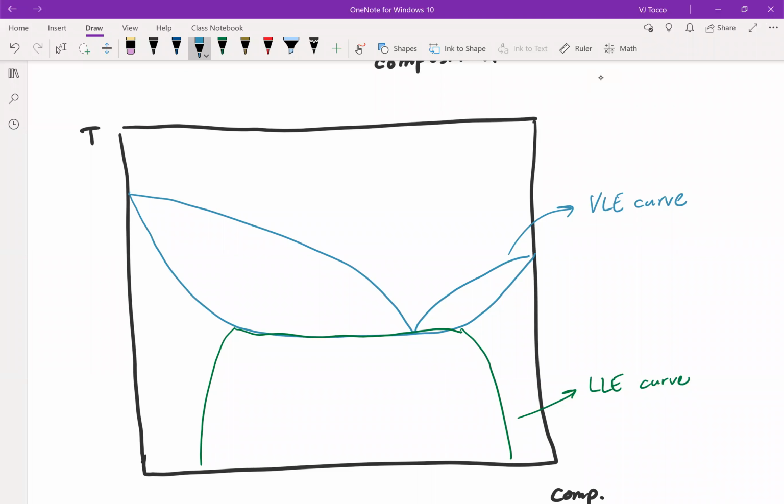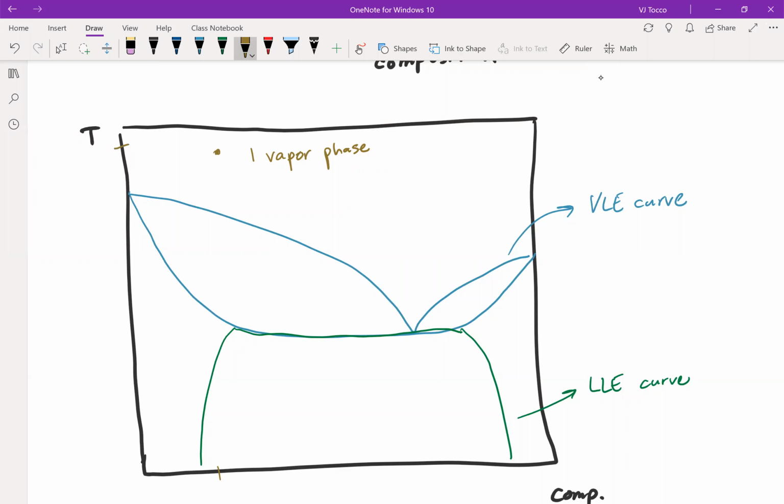In the uppermost region, I'm going to write in gold here, this region up here would be one vapor phase. If my overall mixture composition coordinate and my temperature coordinate are in this region, I just have one vapor phase. The overall mixture composition is the composition of the one vapor phase.